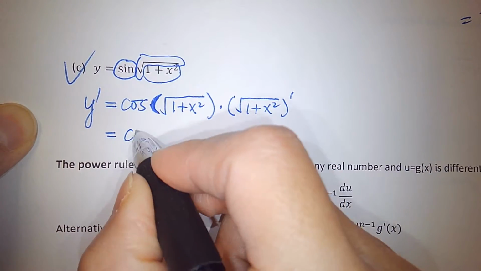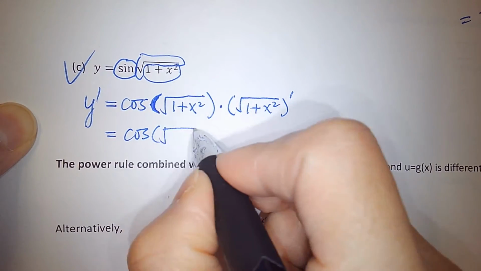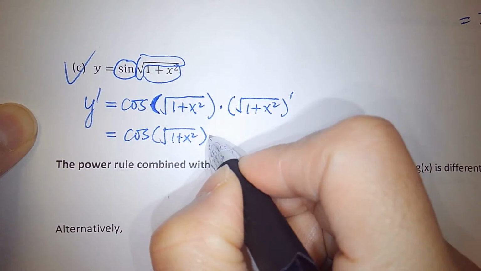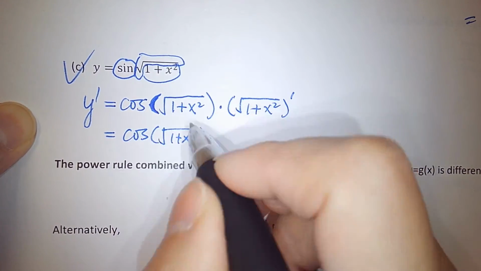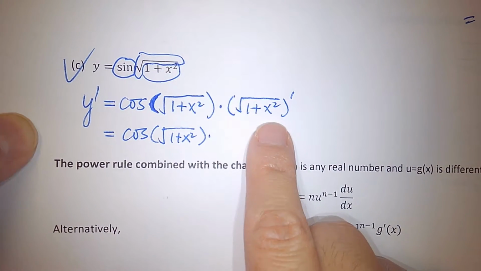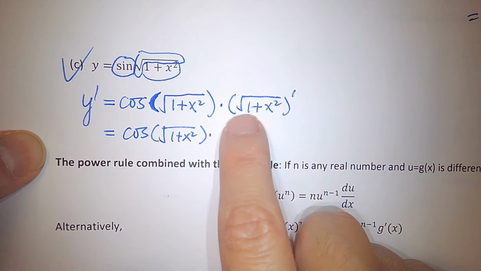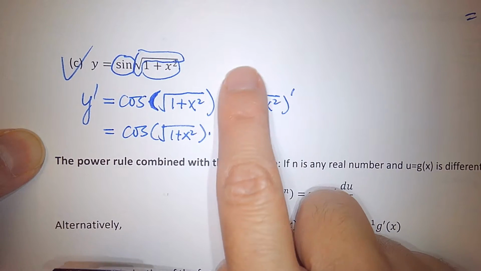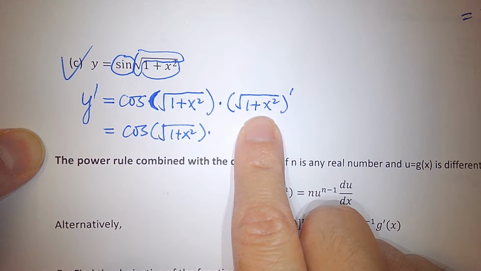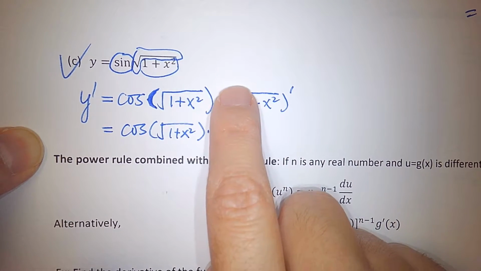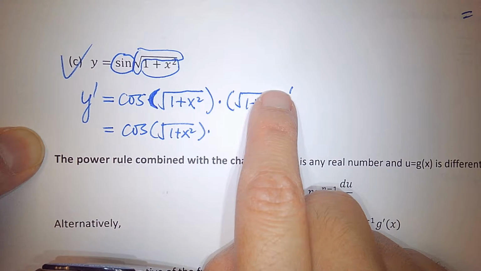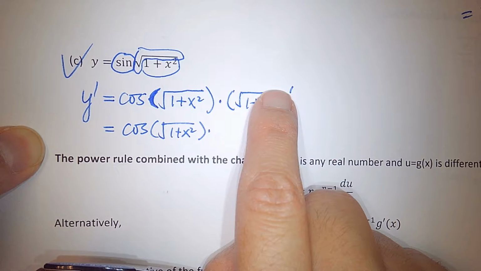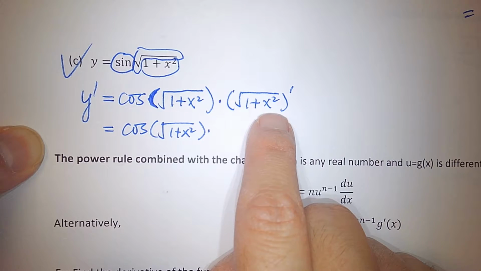Now, for cosine of square root of 1 plus x squared, we cannot do anything further for that factor, so leave it there. Let's compute the derivative of the square root of 1 plus x squared. We need to find the derivative of this part. As we talked about, the square root is the outer function, right? 1 plus x squared is what?